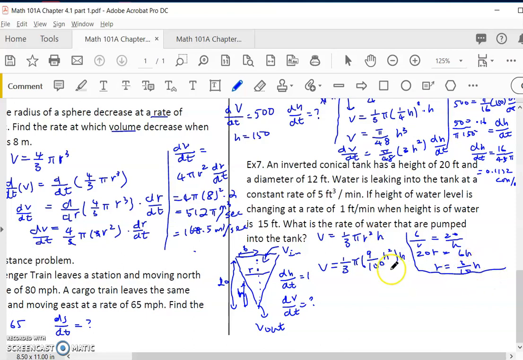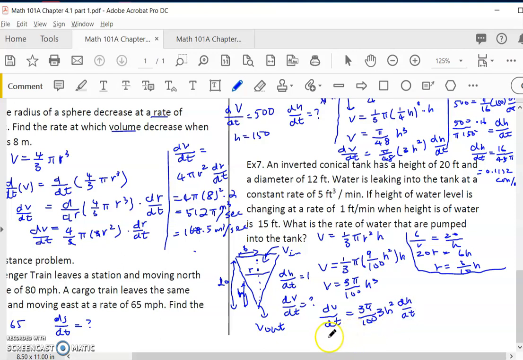You square both sides to get r squared. Combining things together, it's 3 pi over 100 h cubed. But we need to relate dV/dt with dh/dt. So dV/dt would be 3 pi over 100 times 3h squared times dh/dt.